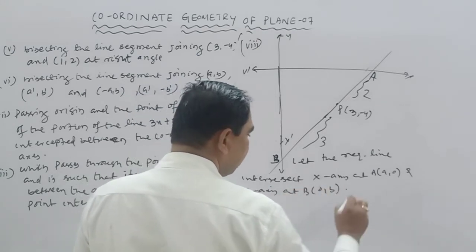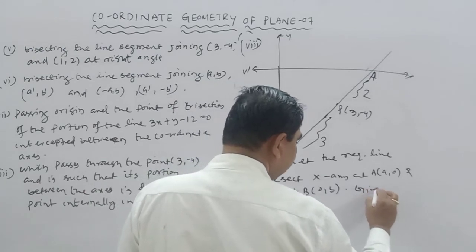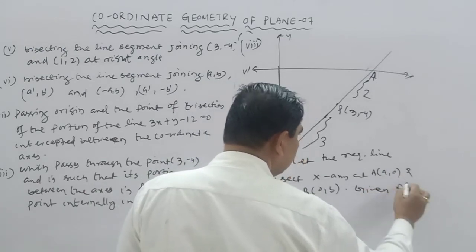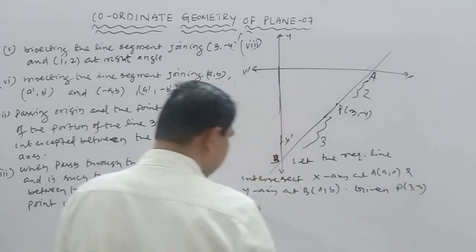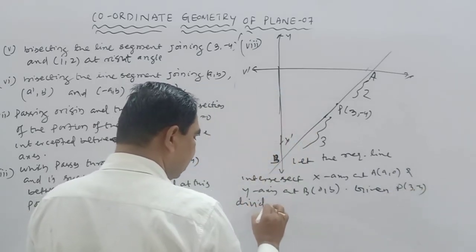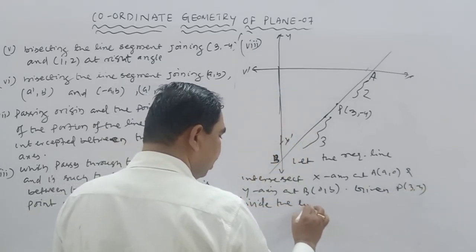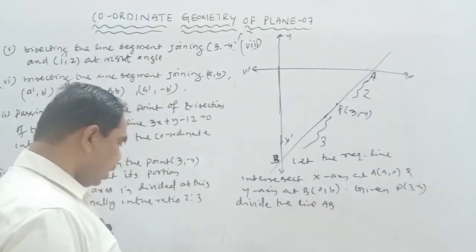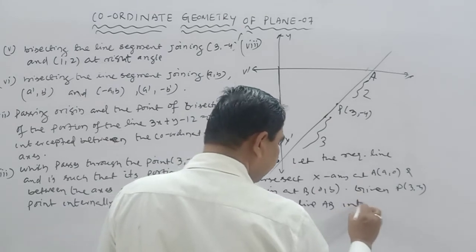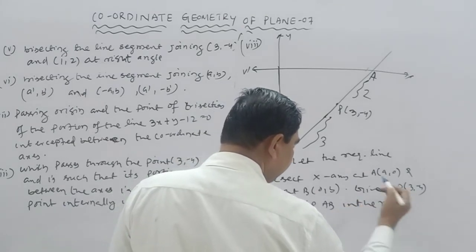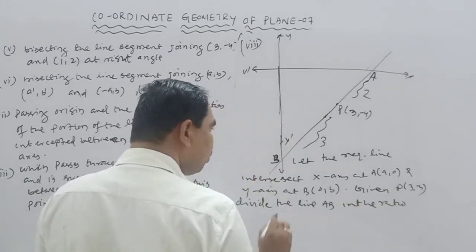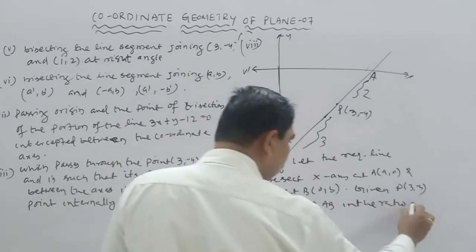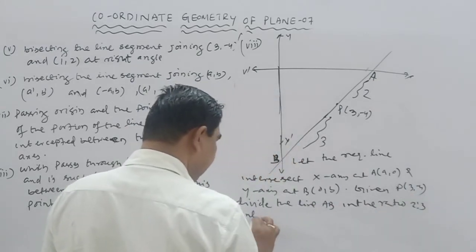Okay, given P (3, -4) divides the line AB in the ratio 2:3 internally.